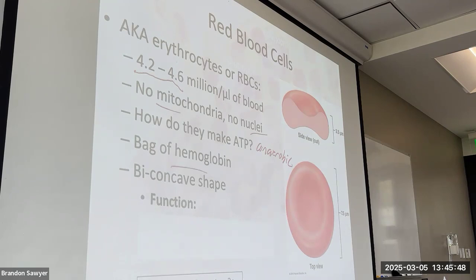So it's this big bag full of hemoglobin. They have what's called a biconcave shape, which just means there's an indented part on both sides. The reason that helps us is it gives those cells the ability to swell and shrink a little bit, it increases their surface area, and it makes them flexible too, because they have to squeeze through really tight spaces.